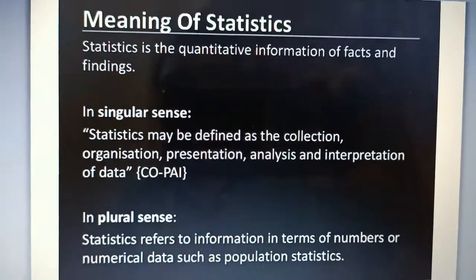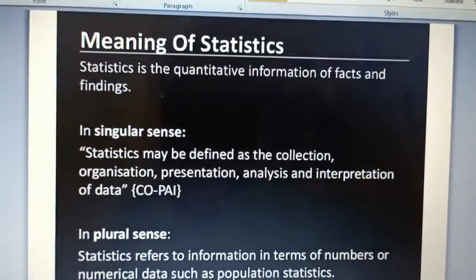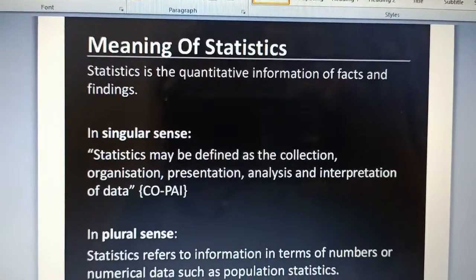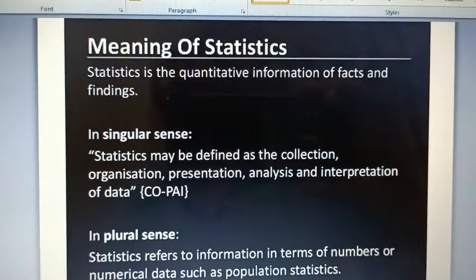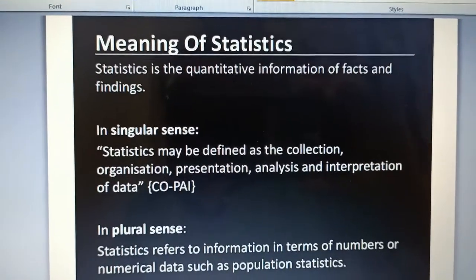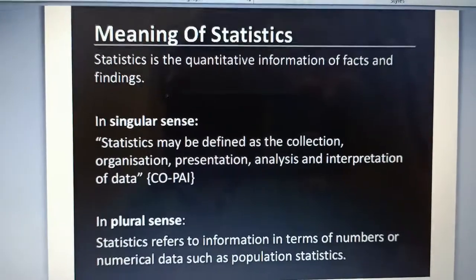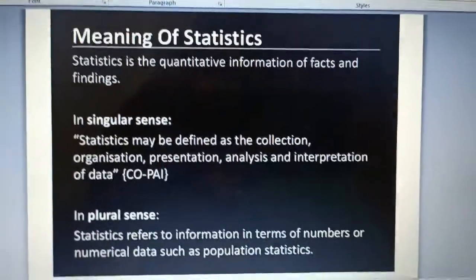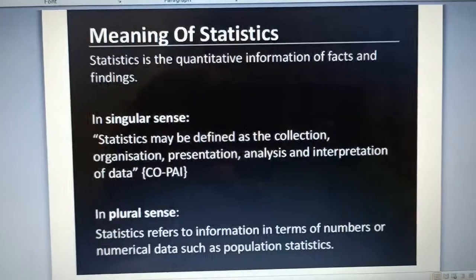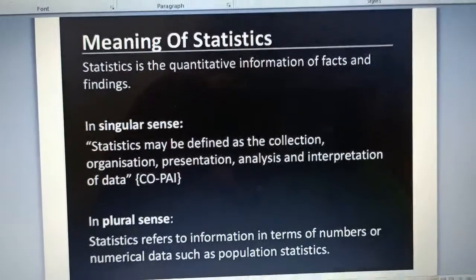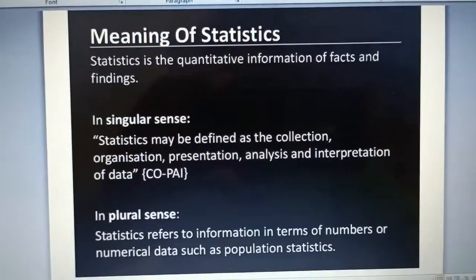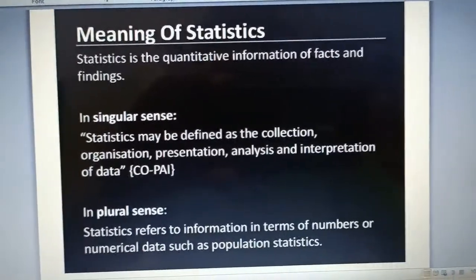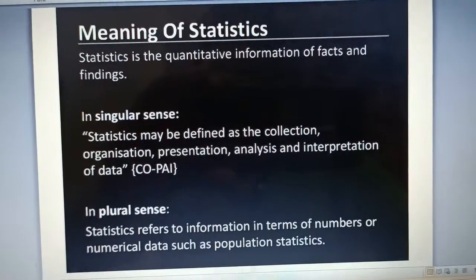First of all, what we do in statistics, we collect data, then we organize in form of tables, individual series, discrete, continuous series, chronological, according to time, maybe geographical, maybe place wise, maybe qualitative data, or we arrange quantitative data. Then we present it in form of bar diagram, line graph, etc. Analyze, interpret of data. This is what it is in singular sense.